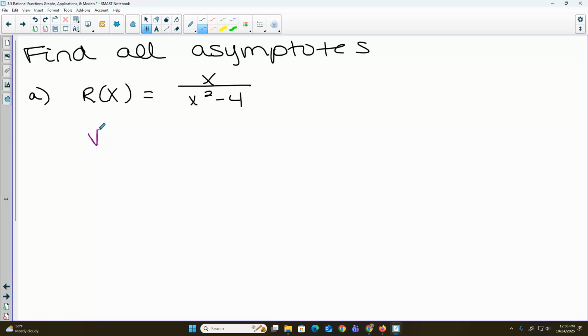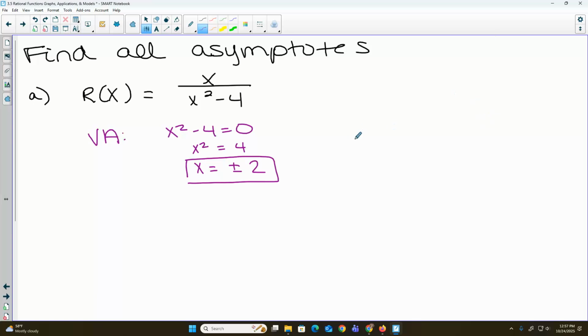Vertical asymptotes are what makes the bottom 0. If you set x squared minus 4 equal to 0, what do we get? Plus and minus 2. So those are my vertical asymptotes. Right. Just like finding the domain, except in domain you're telling me x can't be those things because the asymptote is there. So the asymptote is equal to those.